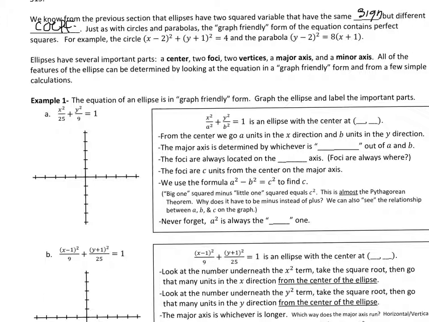So for example, we have our circle there, x minus 2 squared plus y plus 1 squared equals 4. So, where's the center of that circle, by the way? No, of this circle right here. Where's the center? Center's at 2 and negative 1, and what's the length of my radius? 2. Good.